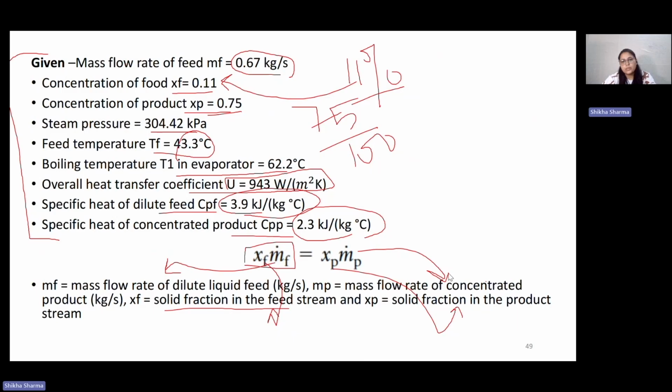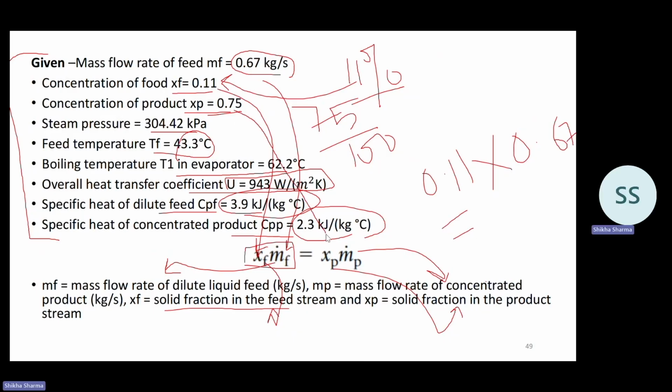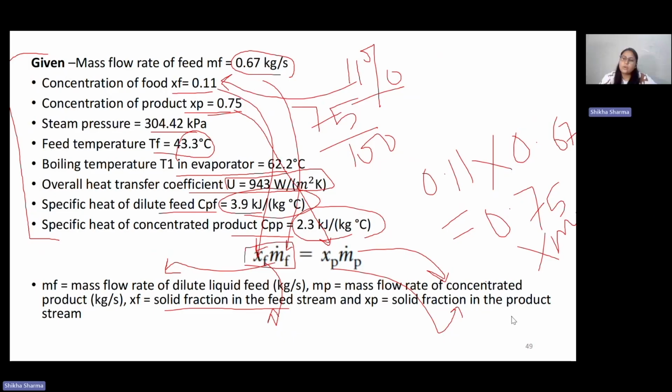So XF is given as 0.11, times 0.67, which is the mass flow rate of the feed. So 0.11 into 0.67 is equal to XP, which is the concentration in the product, total solids 75% or 0.75, into MP, the mass flow rate of the concentrated juice.